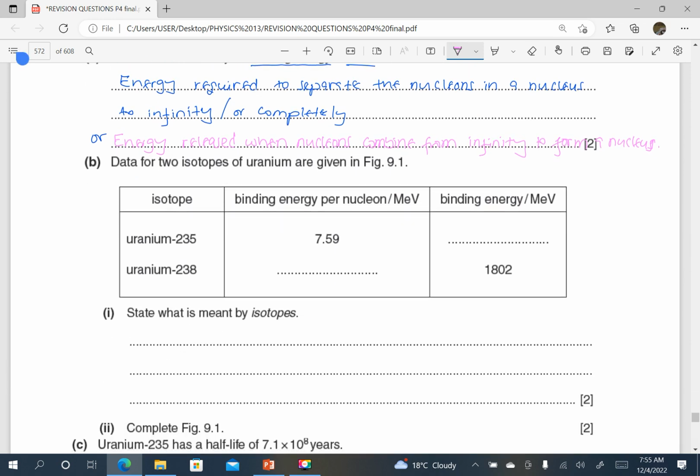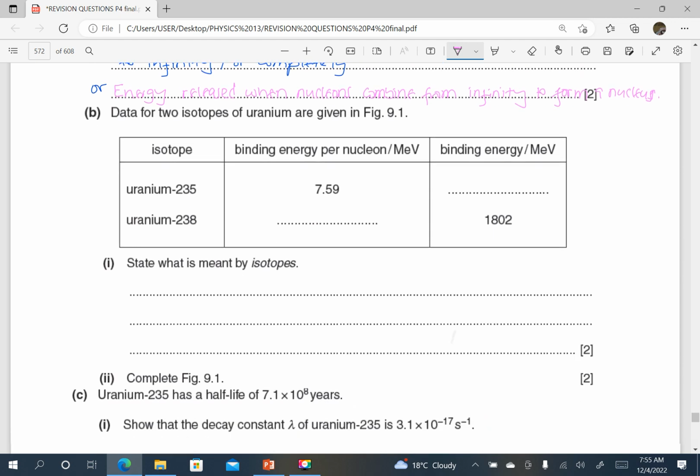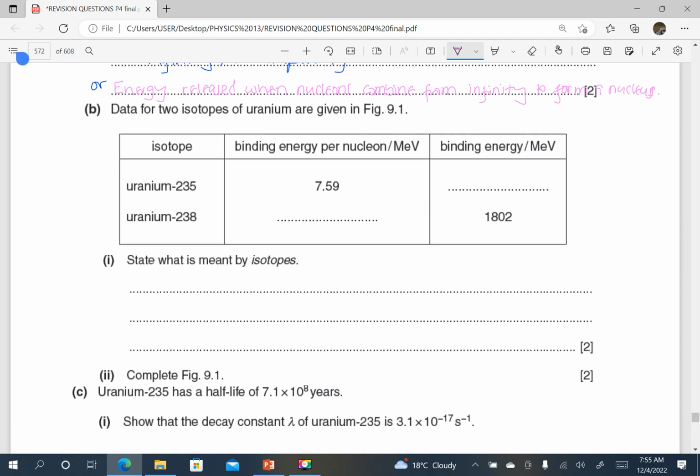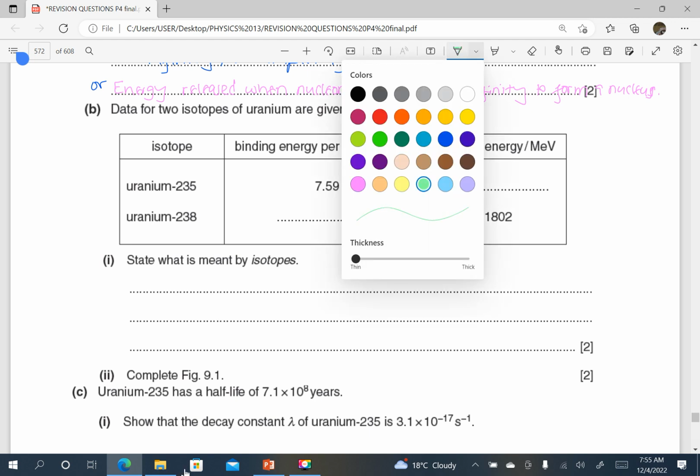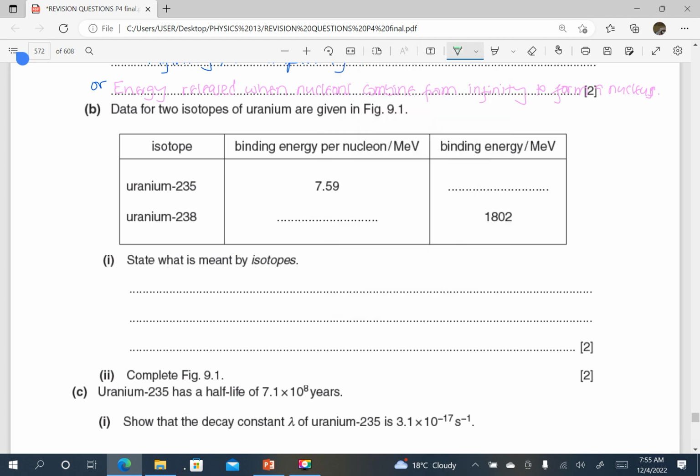Data for isotopes of uranium are given in the table here. So what is meant by an isotope? Isotopes are nuclei having the same proton number but different number of neutrons, therefore different nucleon number. So state what is meant by isotopes.